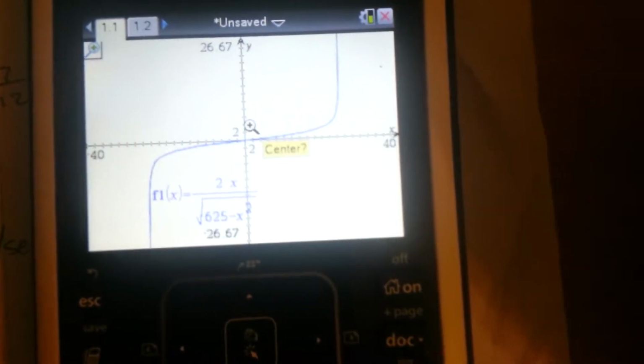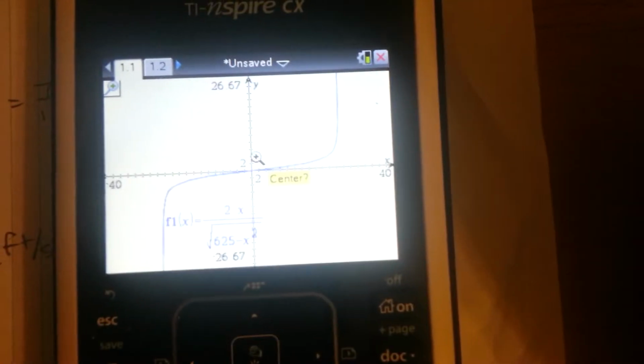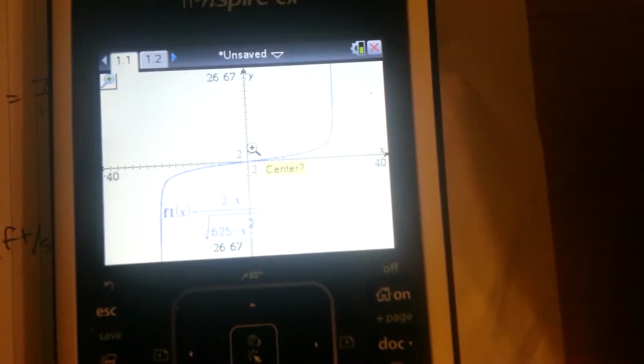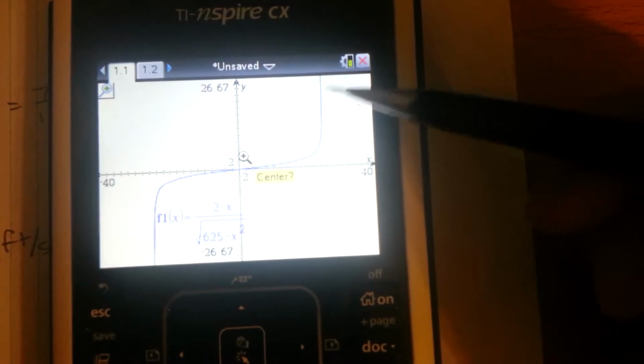Obviously, at 25 and negative 25, the graph is going to be undefined because the denominator equals 0. So the thing we can determine is whether or not it approaches an infinite limit, I guess, since it's an asymptote from one side, i.e. the left, like so.